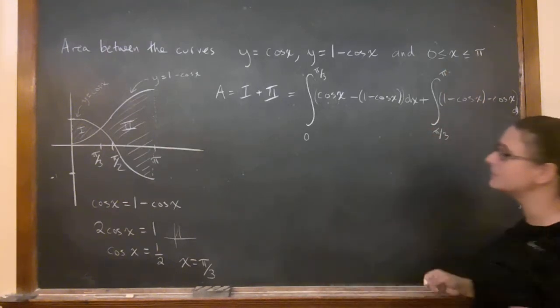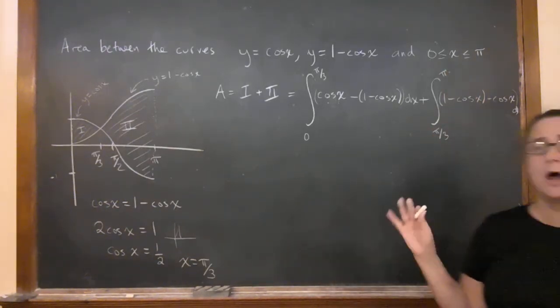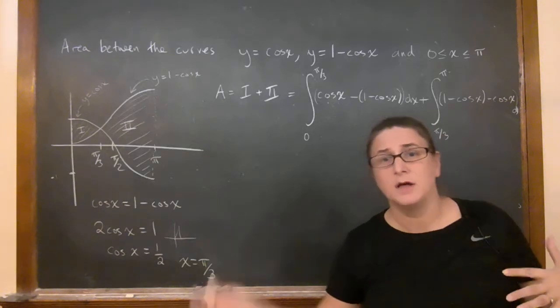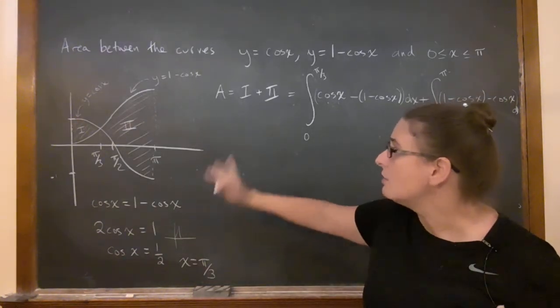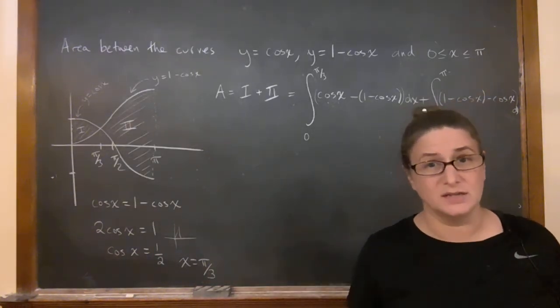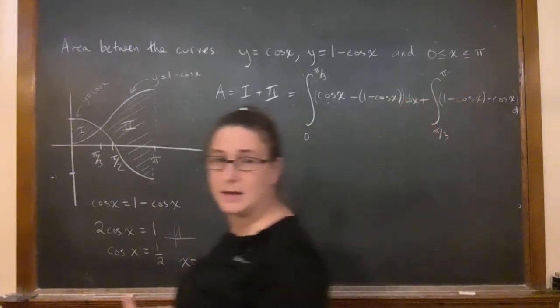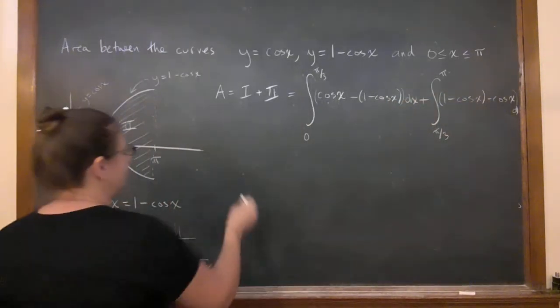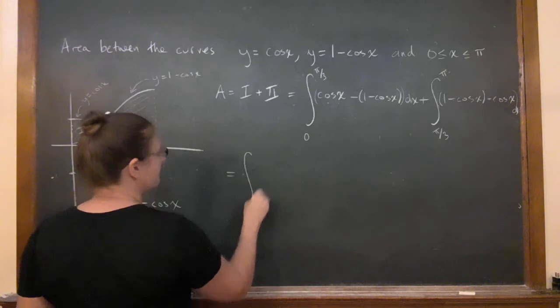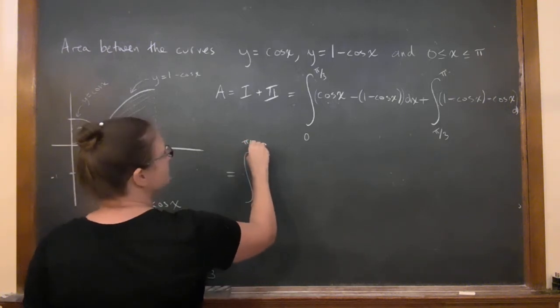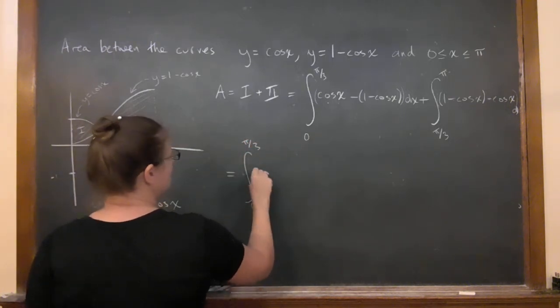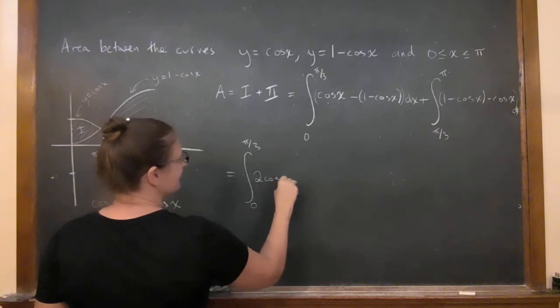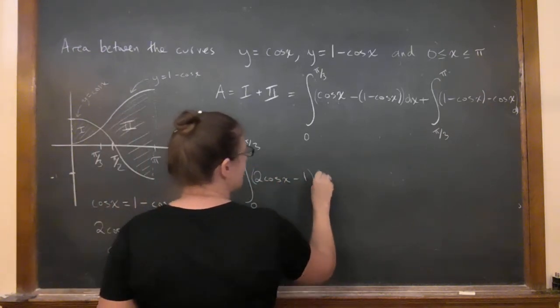And I had to split it up into 2 because on different parts of my graph, the top function was a different function. Okay, so let's just barrel through this. It's not too bad. This first one is 2 cosine x minus 1.